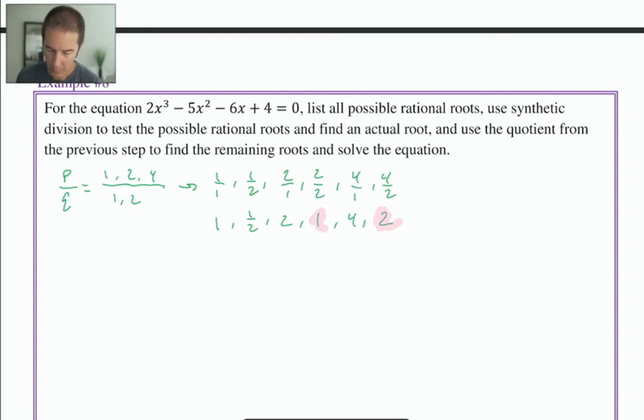So I'm going to leave those out and I'll have my final list of possible rational zeros. Let's put a plus or minus in front of the 1, plus or minus 1/2, plus or minus 2, and plus or minus 4. So there's the possibility that one of these is actually a 0 of our equation.